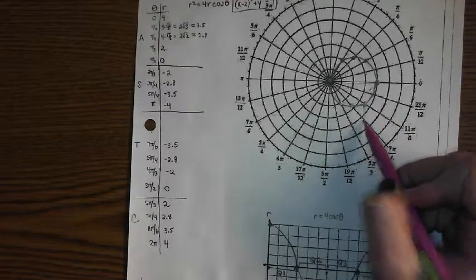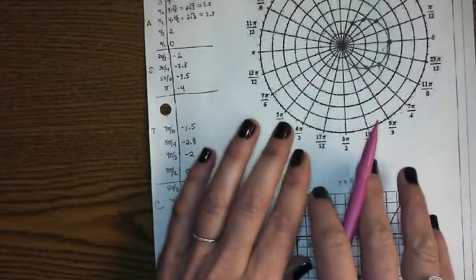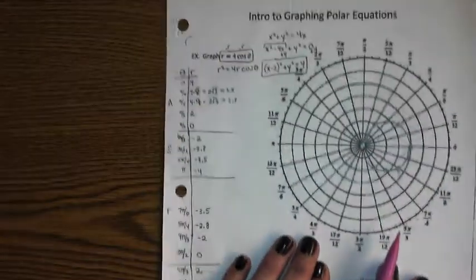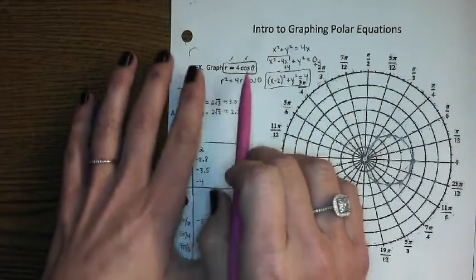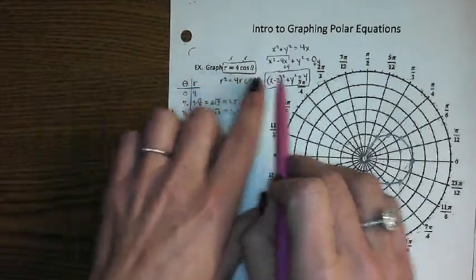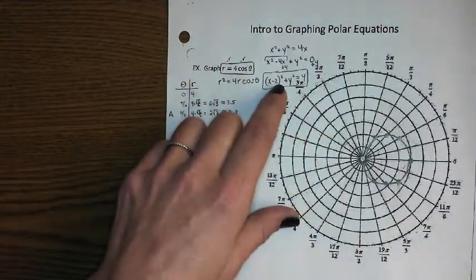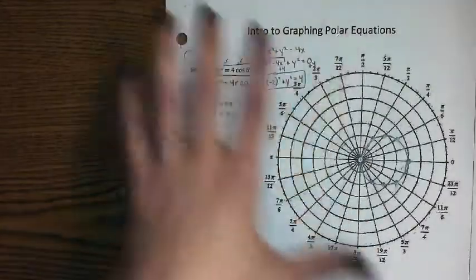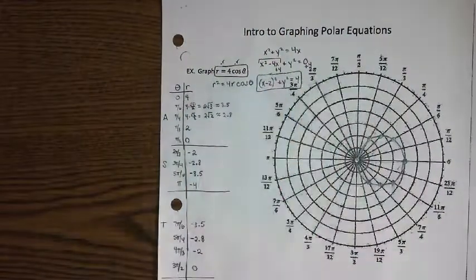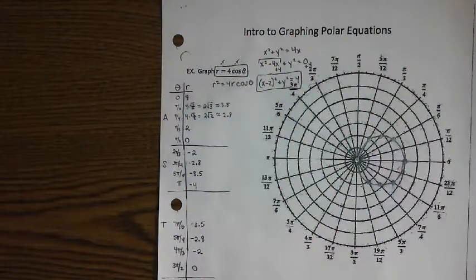Okay? I show you this because as we move forward and look at more polar graphs, not all polar graphs can be made into rectangular graphs that mean something to us. This one's nice because this rectangular graph means a circle, and we know that, but there's lots of polar graphs that don't look like something we're familiar with.